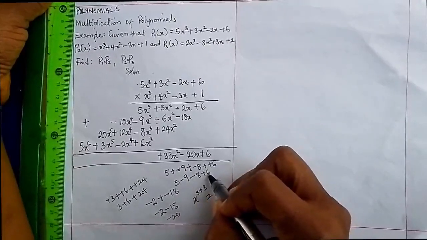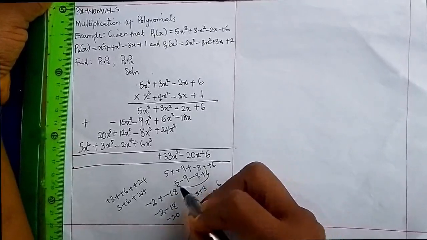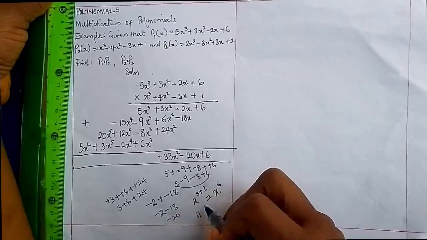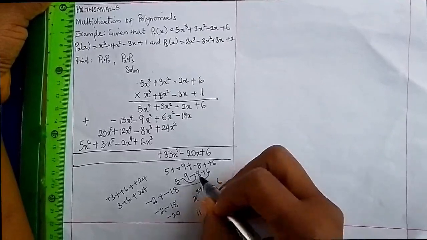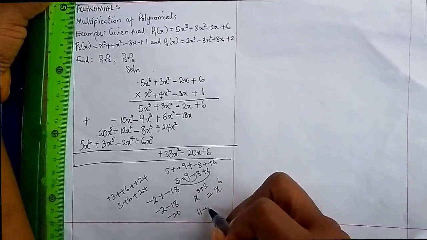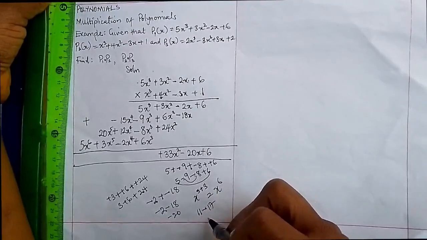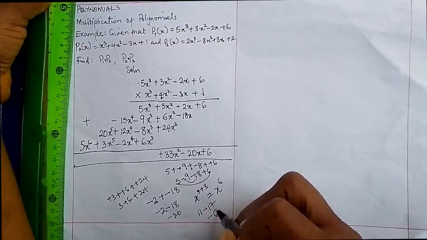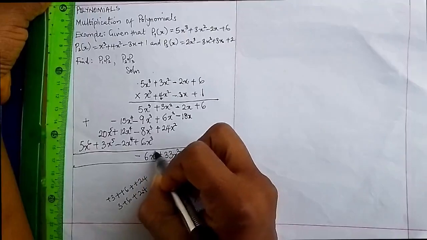So let's add all the plus. These two are positive numbers. So what we have here is 11. These two are negative numbers. Minus 9 plus 8 is 17. So 11 minus 17 will give us minus 6. So we have minus 6x raised to the power of 3.